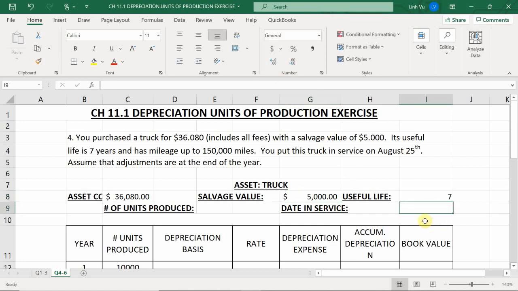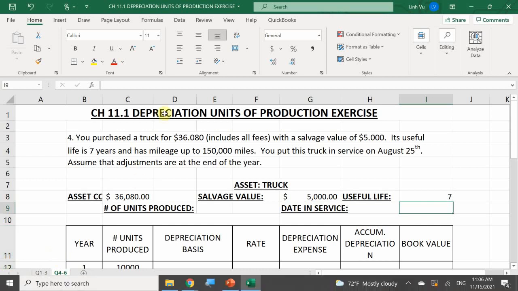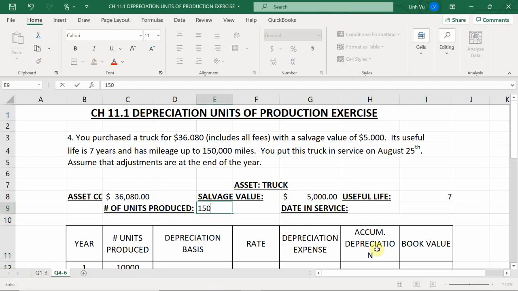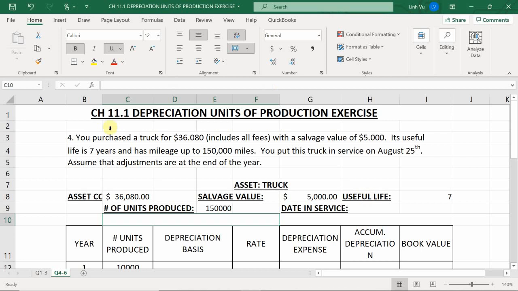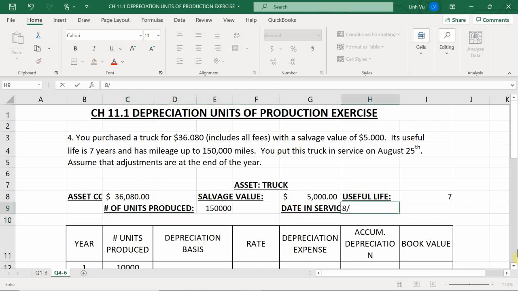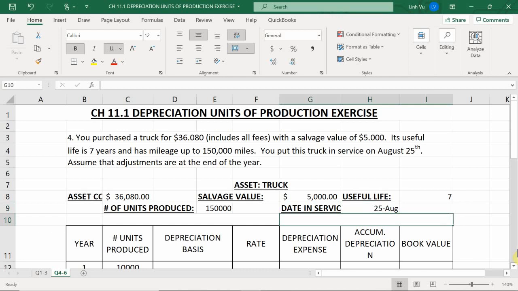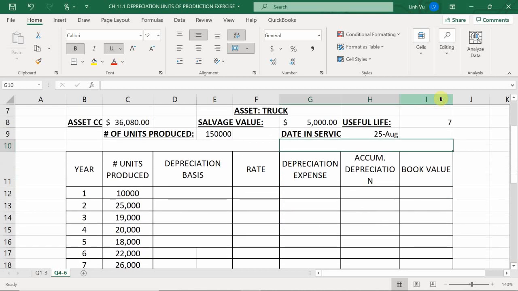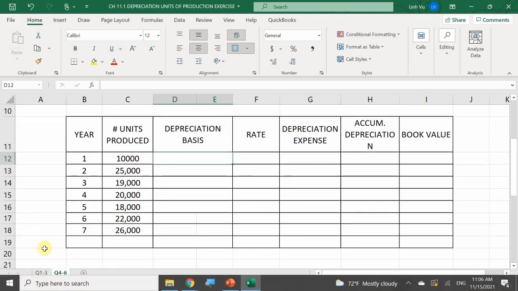What is the number of units that it can produce? 150,000 miles. And what's the date that you placed it into service? August 25th. On the first year that you drove your truck, you drove it for 10,000 miles. So let's plug in our answers here.